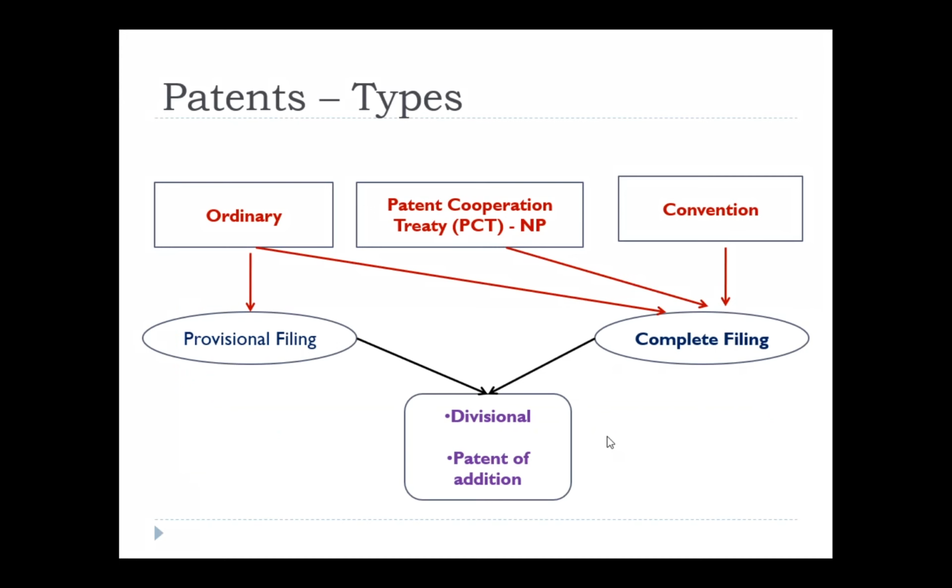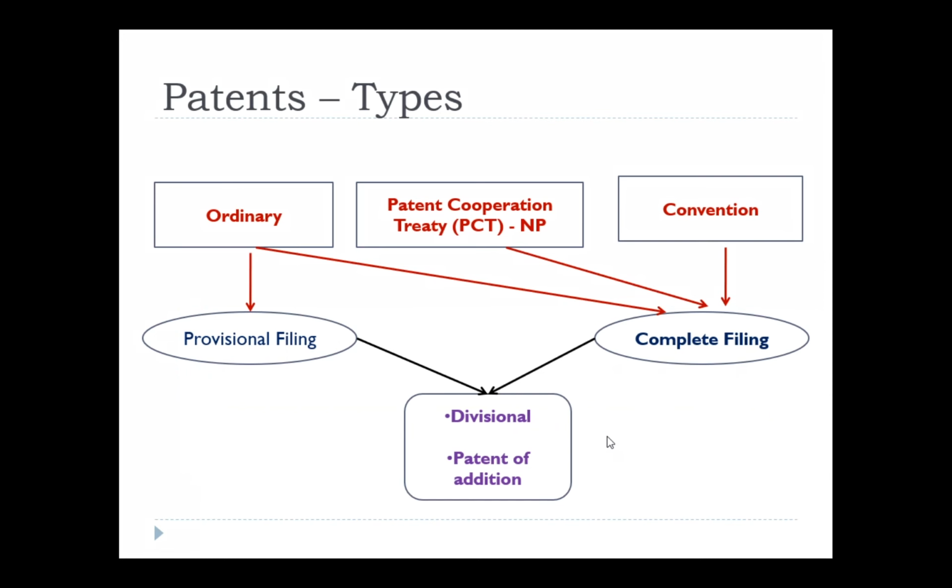Let me introduce a few simple terms that we need to understand before proceeding to fill any patent form. You need to understand three basic entities. First is the ordinary application, then the convention application, and the PCT NP application.